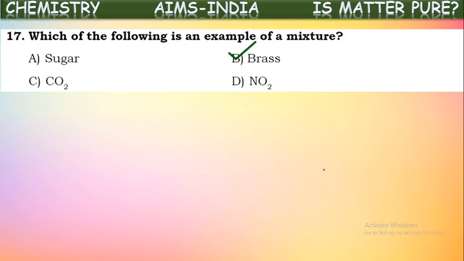Generally, brass is made from copper and zinc by mixing these two metals in the molten state. Now carbon dioxide and nitrogen dioxide: these two come under pure substances, and they are compounds.